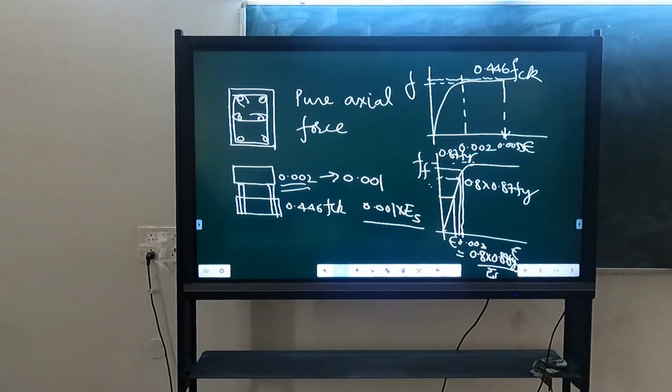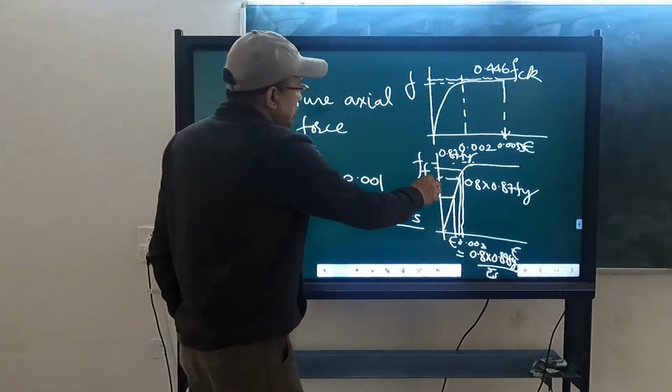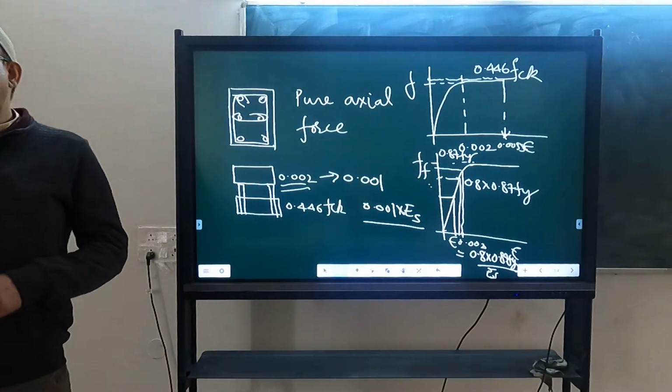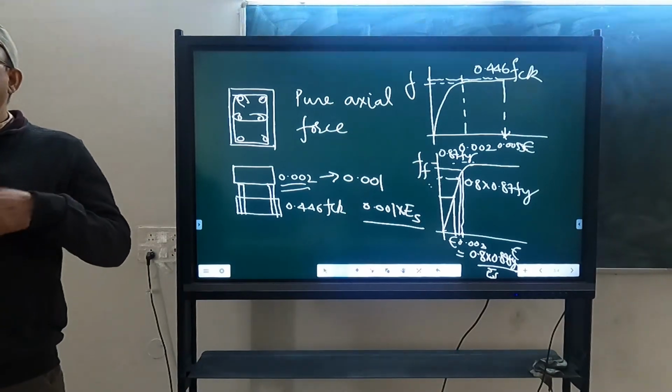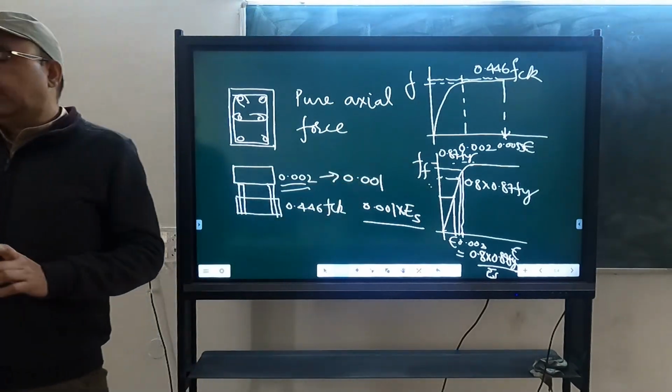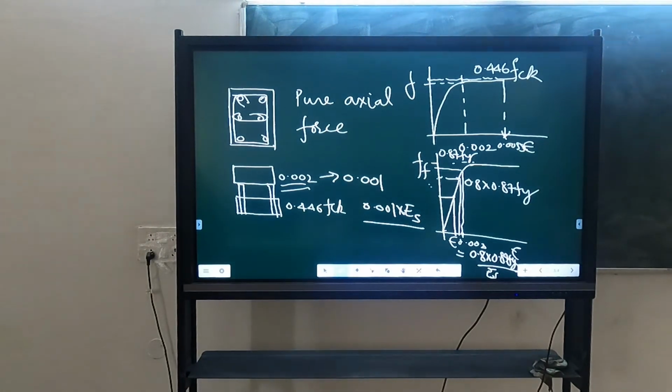No, that you can apply only if, first, you have to ensure that the stress in steel has to be like this. Elastic theory is not saying that if the strain diagram is linear you can apply elastic theory. That's not the condition. The material has to follow the proportionality law. Then only you can apply elastic theory. The strain diagram will always be linear, whether you are doing limit state, working stress or ultimate load.